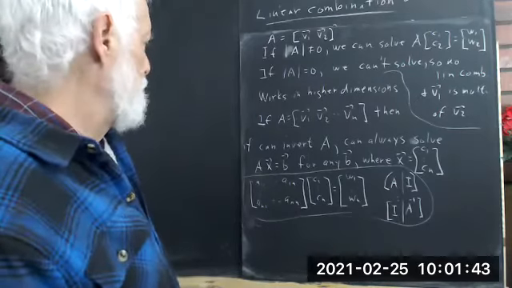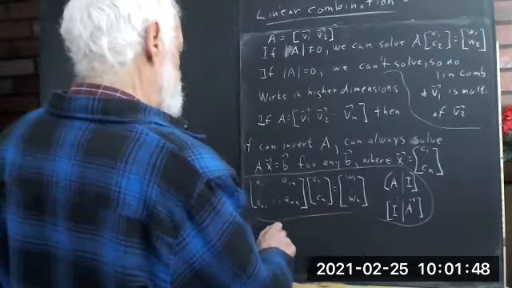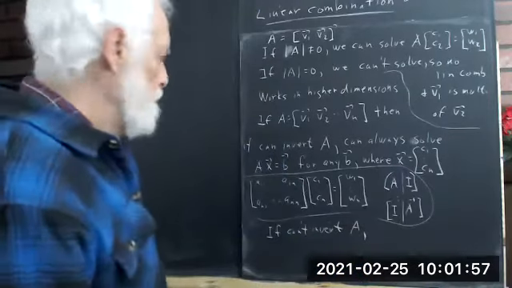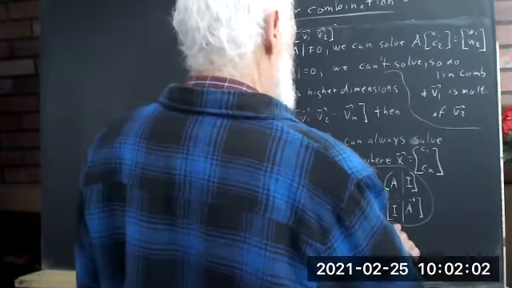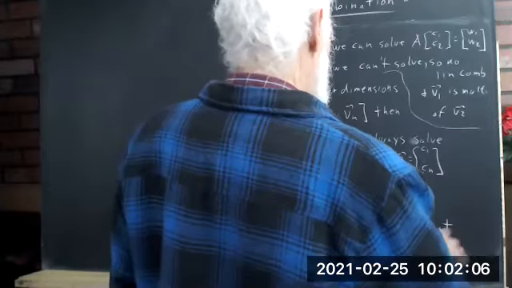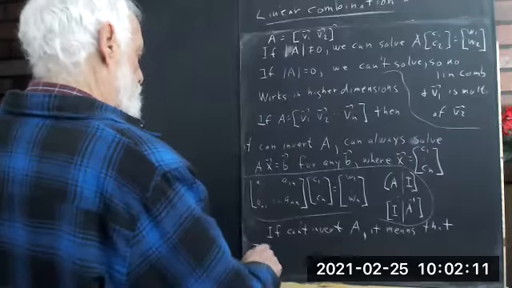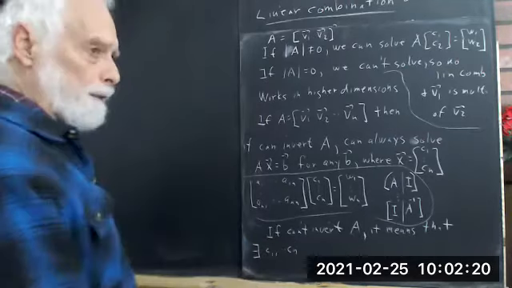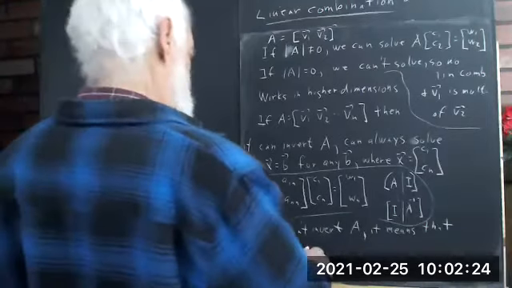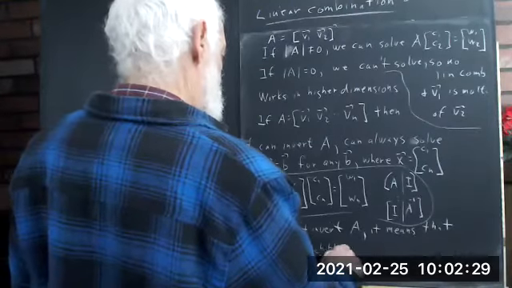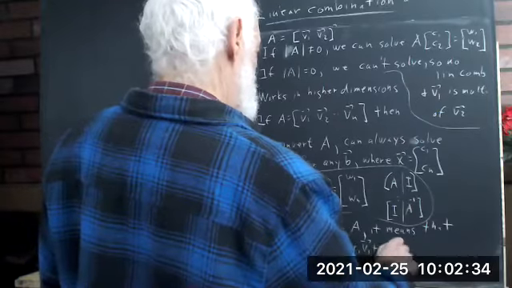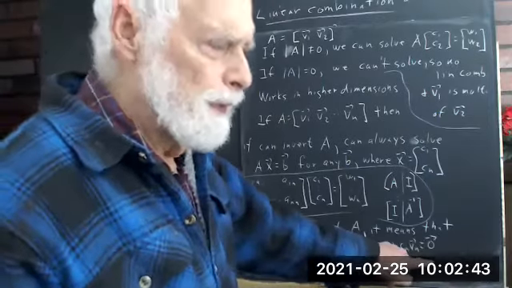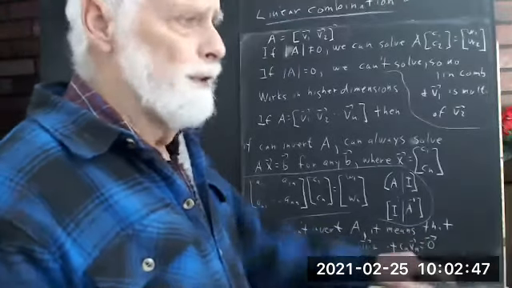Okay, so there are other cases. If you can't invert A, it means that there exists some column vector C1 through Cn, such that C1 V1 through Cn Vn, adding up this particular set of multiples, gives you the zero vector.